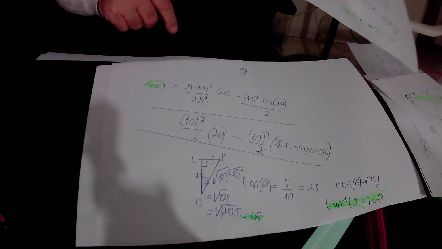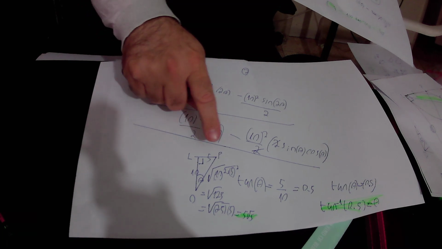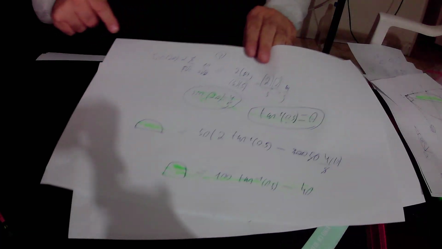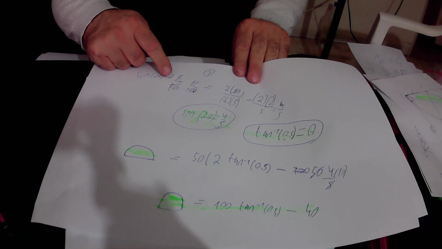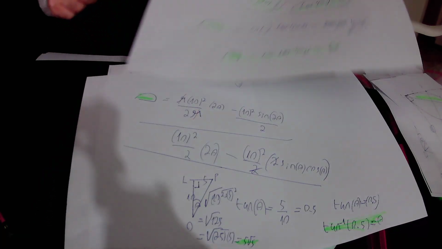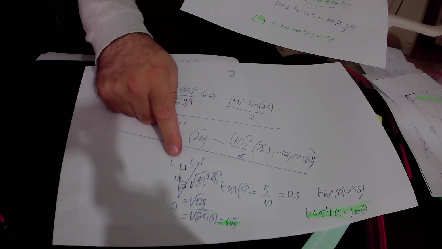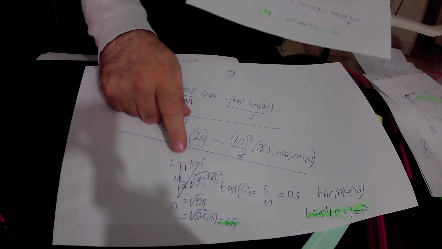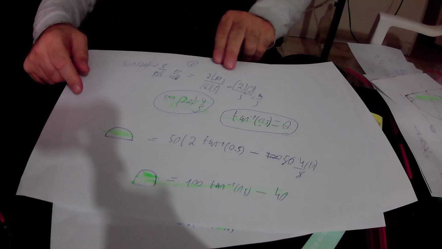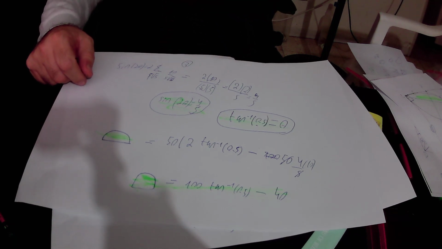Here sinus theta according to this right triangle equals 5 over the hypotenuse, that is 5 over 5 times square root of 5, times cosine theta. Cosine theta equals 10 over the hypotenuse, that is 10 over 5 times square root of 5.